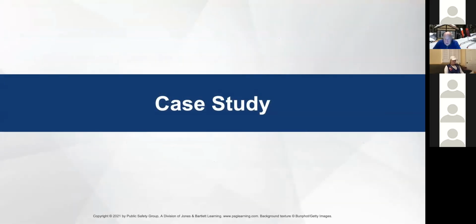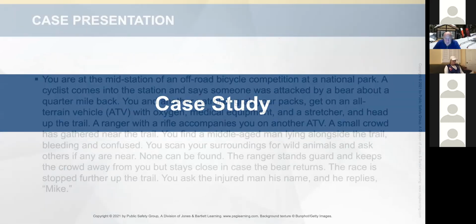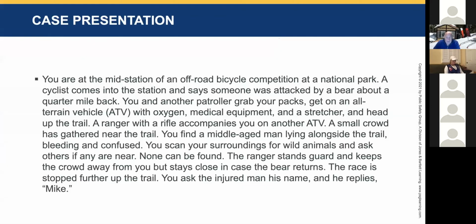All right, now it gets to be more fun. Case study. You are at the mid-station of an off-road bicycle competition at a national park. A cyclist comes into the station, says somebody was attacked by a bear about a quarter mile back. You and another patroller grab your packs, get on an all-terrain vehicle with oxygen, medical equipment, and a stretcher, and head up the trail.